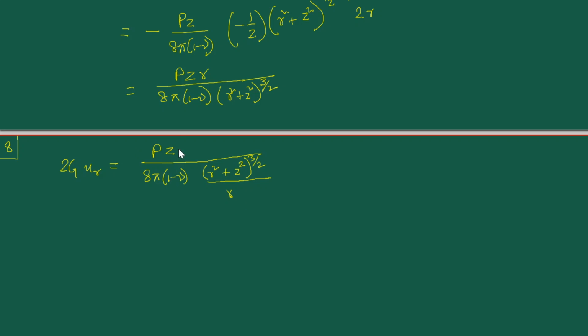Okay, so I'll leave the r here. What I really want is to have an r square within this bracket.